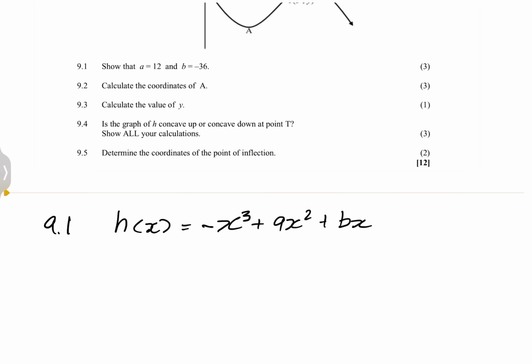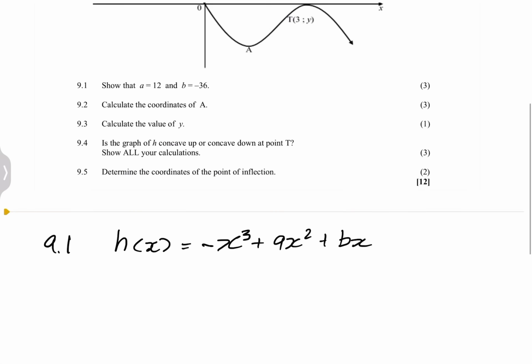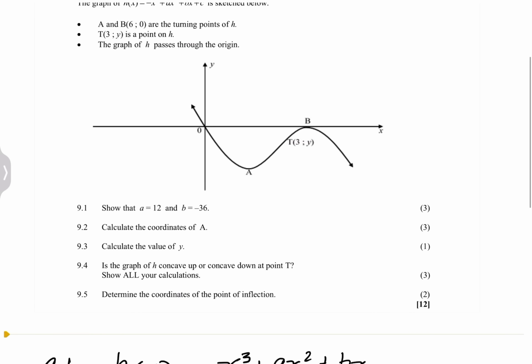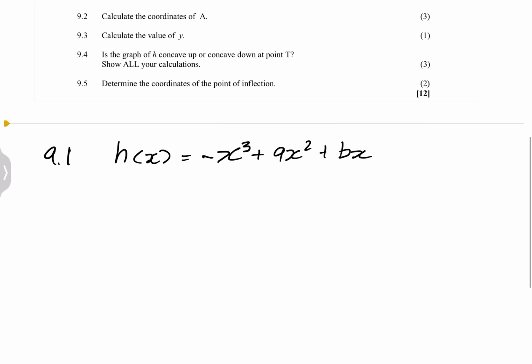Now, the first thing that we know there, we're given the turning point, which is b, to be 6 and 0. So we know that when x is 6, the y value would be equal to 0.